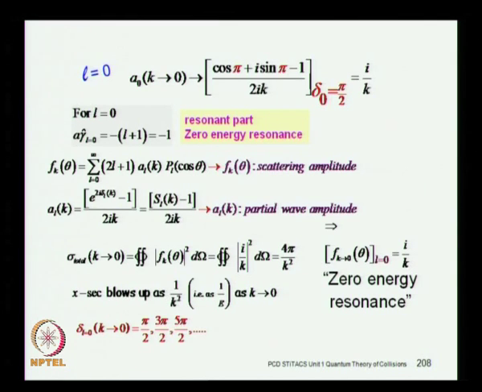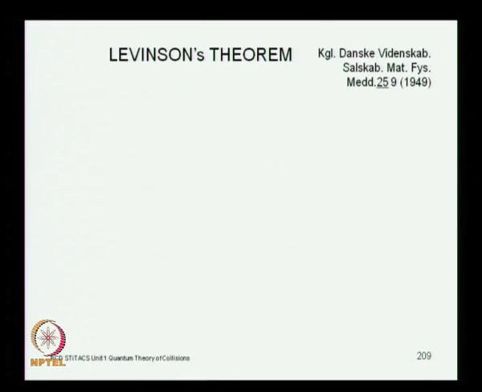So, all you have to do is integrate over all angles, that gives you the factor 4 pi. So, the cross section blows up as 1 over k square, and this is the zero energy resonance, which happens at delta equal to pi by 2, 3 pi by 2, 5 pi by 2 and so on. So, the question is, why does this happen?